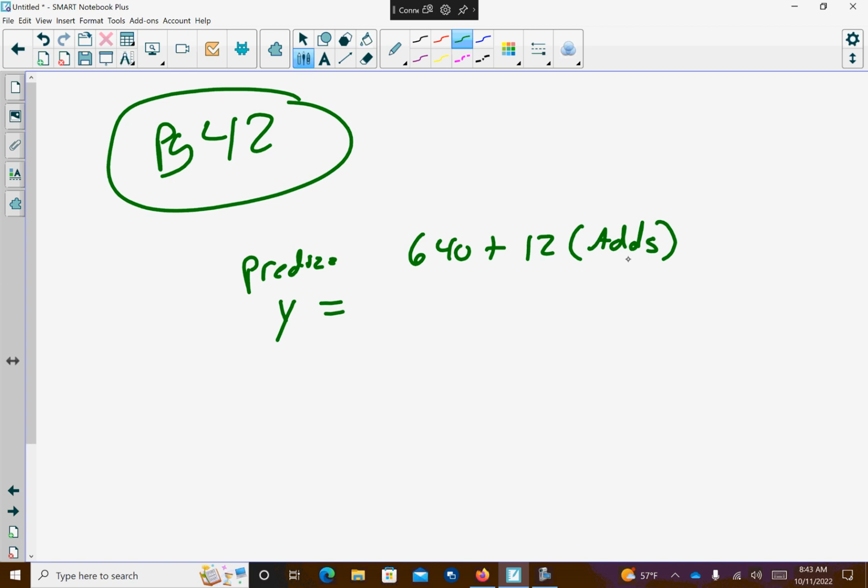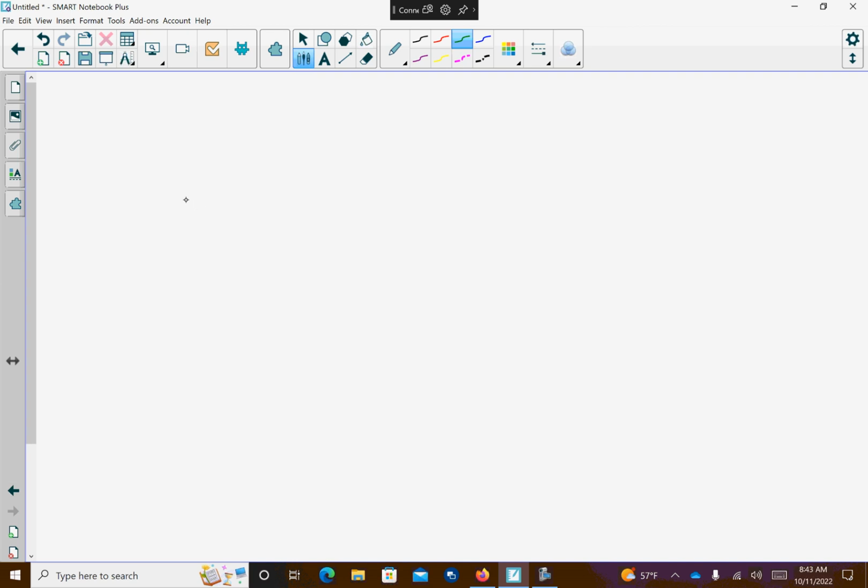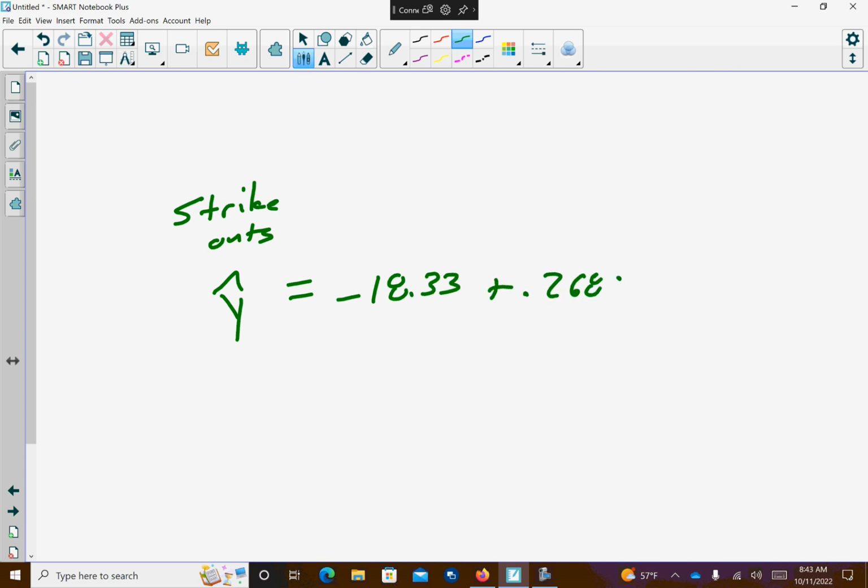So if you consider the following example, average strikeouts per game, strikeouts would be our y, or our y hat, and then we're going to say is negative 18.33 plus 0.2685 times the speed of the ball.